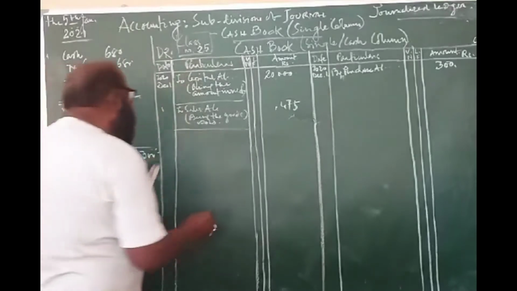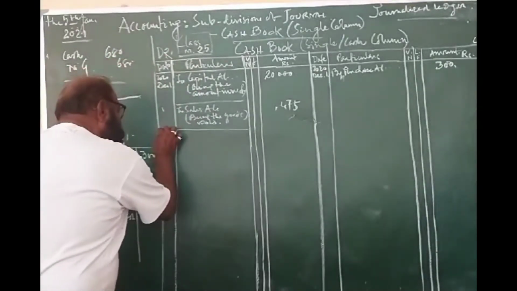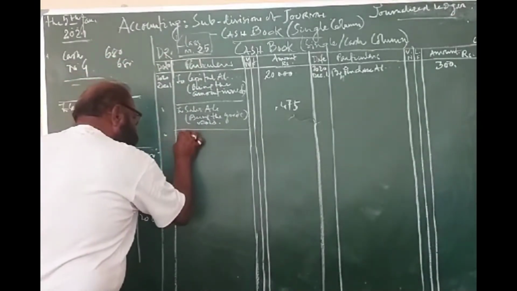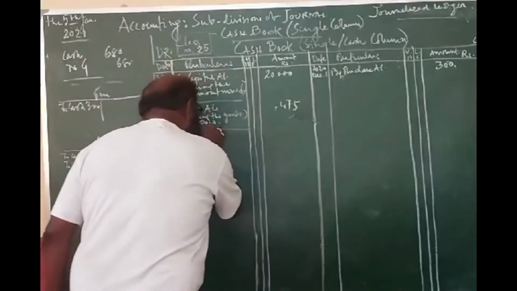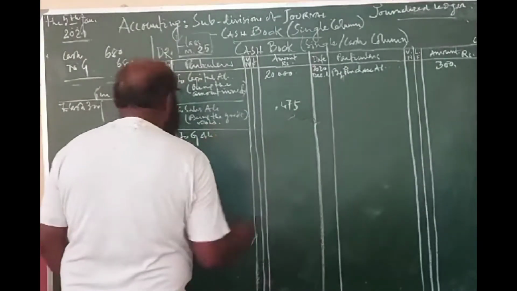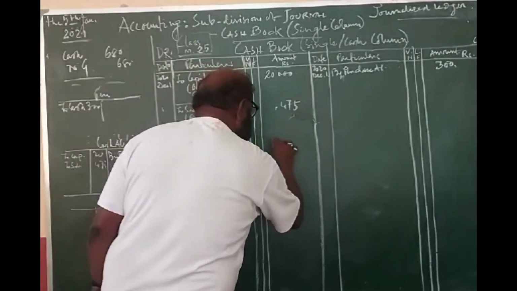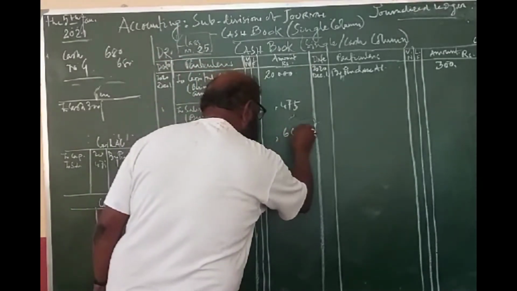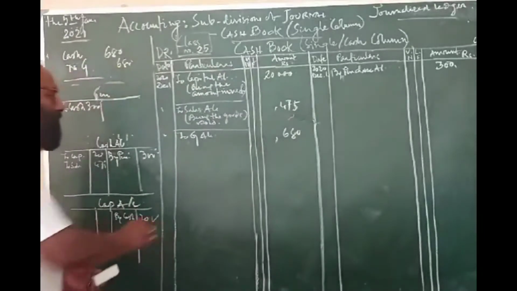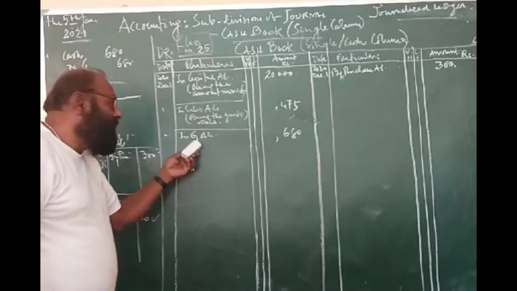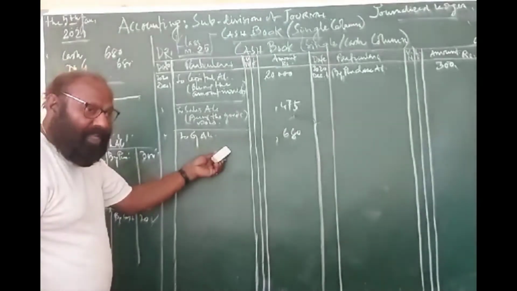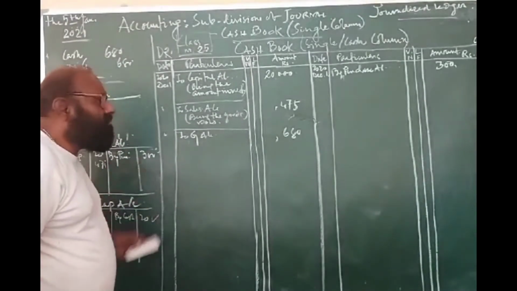Then in the cash account it should be "to Gobrango". Being the cash received. How much? 683. Clear? So it is a debit account. And what should be the narration? Being the cash receipt. Clear?